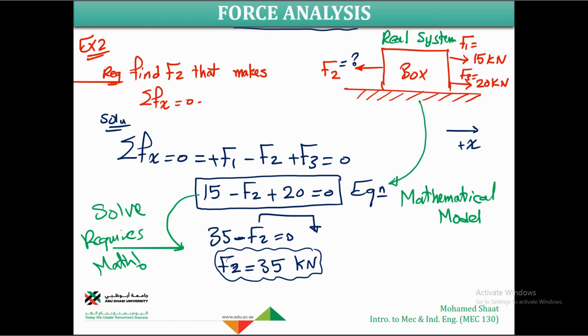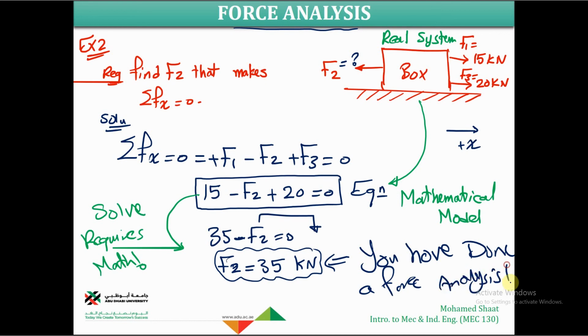So this is the importance of units, and this is the unknown. Once you find this one, it means that you have done a force analysis. Simply, force analysis is just finding these unknown forces. Make sense? So this is a very simple example of how we can find any unknown force acting over this box. Make sense?